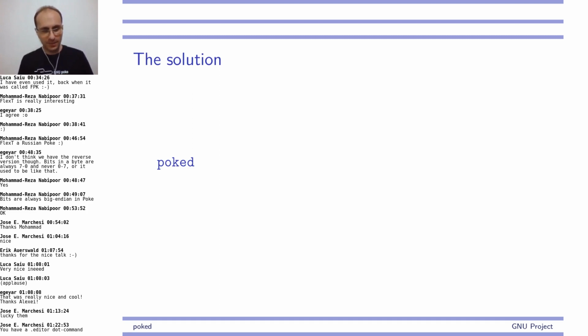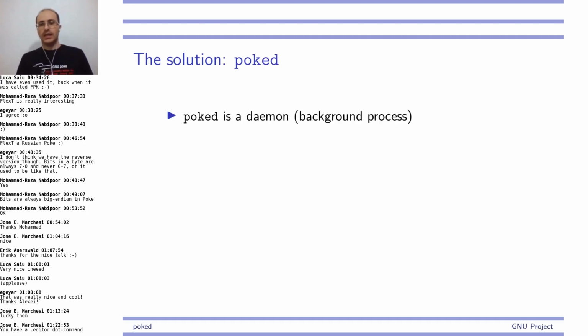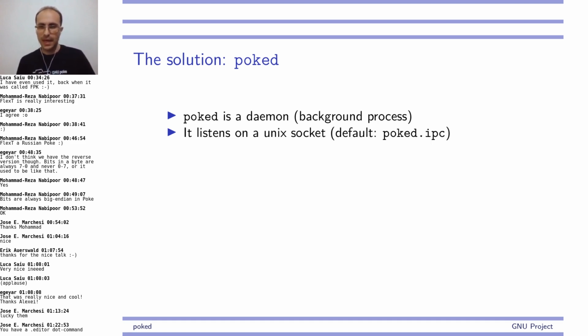so the solution, pokd. It's a daemon. I love daemons. You know, they are for people with no Unix or Linux background. It's a background process. It's a service in terms of other systems, and it listens on a Unix socket.